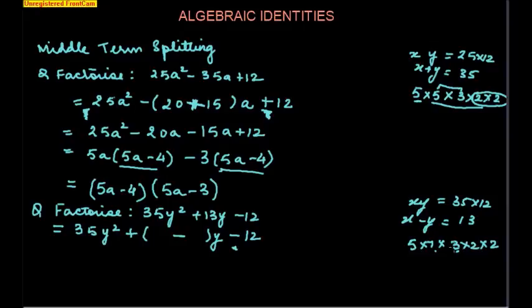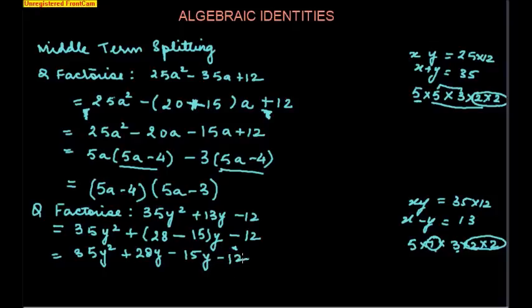Let us take another grouping. I take this 7 and I take this 4. 7 into 4 is 28 and 5 into 3 is 15, which gives me a difference of 13. So 28 and 15. Now I open the brackets, I get 35y square plus 28y minus 15y minus 12.